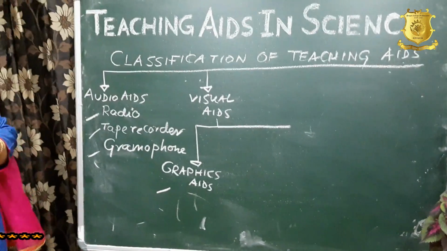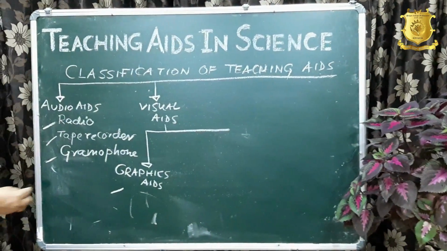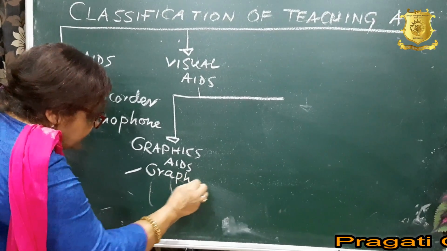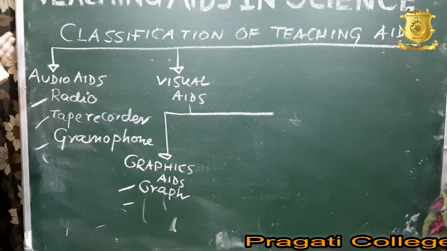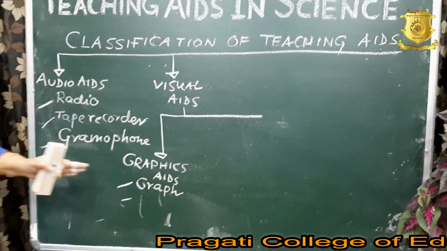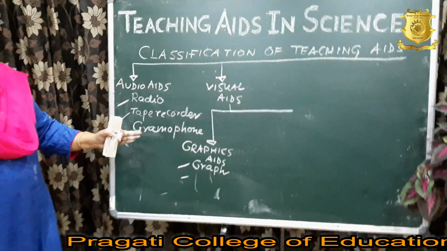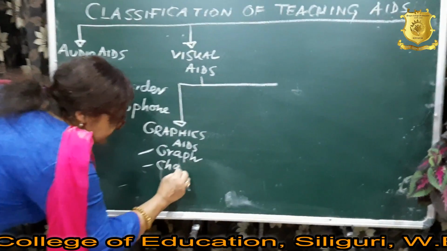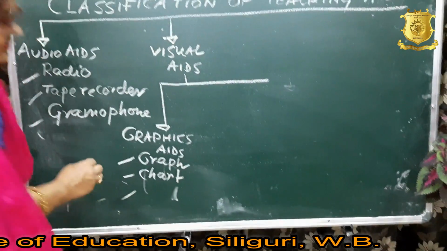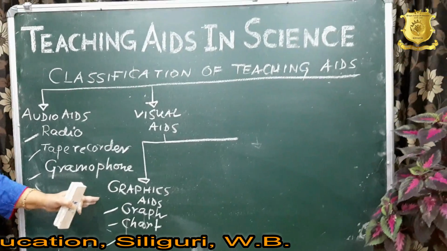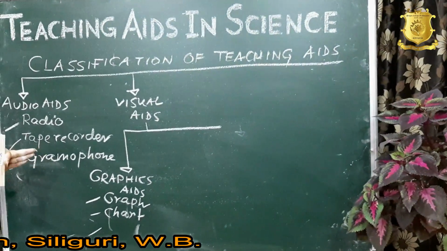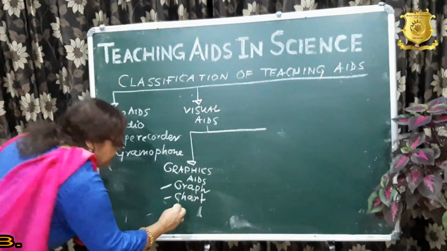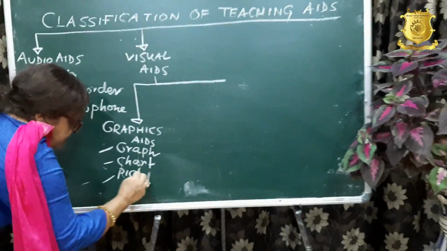Examples of this category: number one is graph. In our science as well as in mathematics, very often we have to use graphs. It is an example of graphic aids. Next, we use charts. Next, pictures; some pictures we show in our classroom situation.